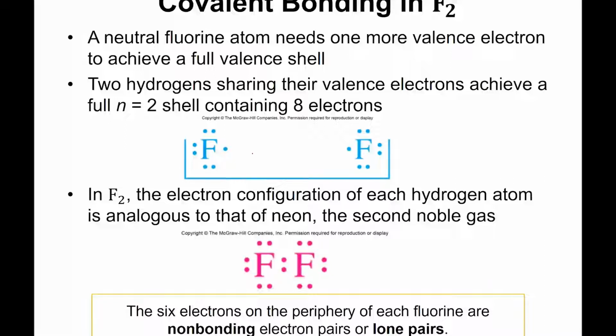So here, the fluorines will each donate their 1 extra electron to a neighboring fluorine to be analogous to neon, the second noble gas.